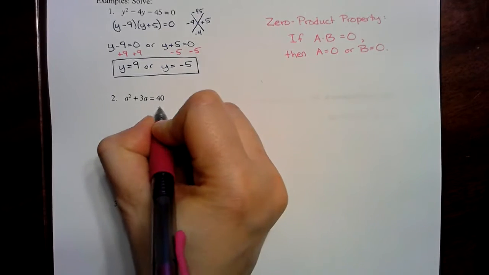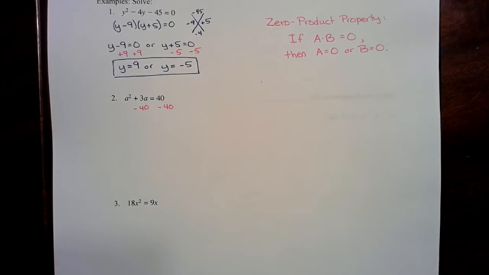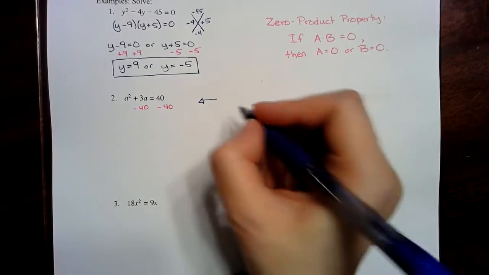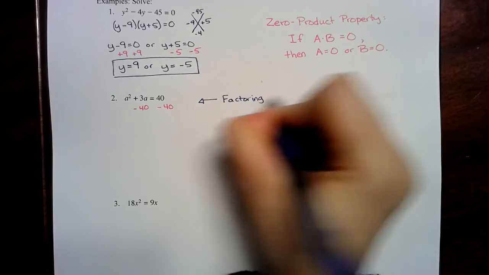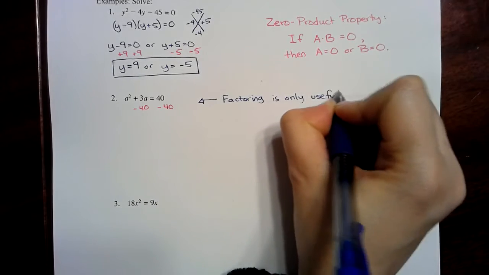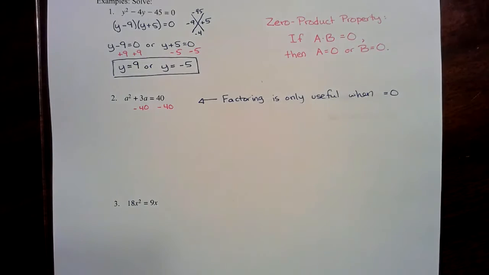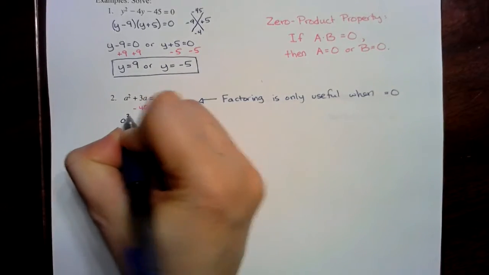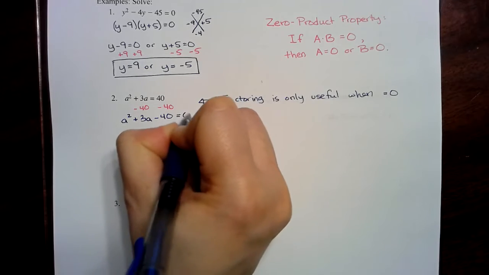So my first step is going to be to subtract 40 from each side, because factoring is only useful when we have an equals 0. So let's do this subtraction. I'll get a squared plus 3a minus 40 equals 0.